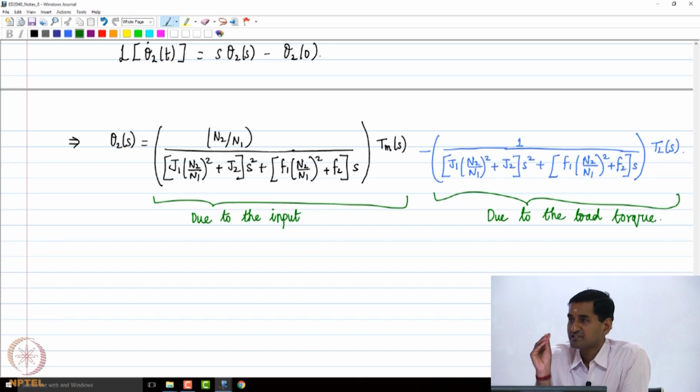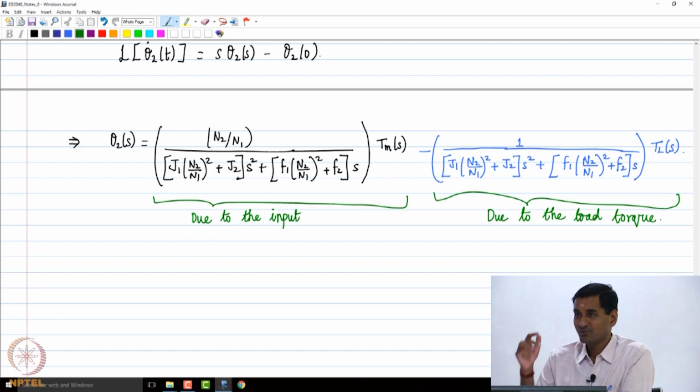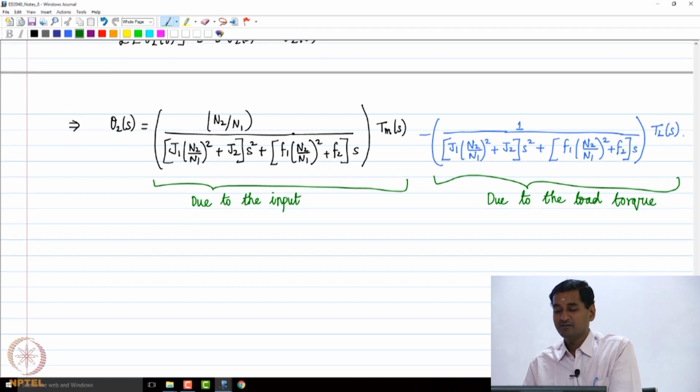Let us say you give a step voltage as step input torque for Tm, the final theta 2 is going to be dependent on the load torque, obviously. But the plant transfer function per se is the function multiplying Tm of s, because that is the one relating the input and the output.